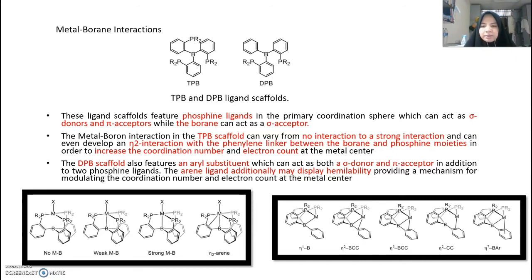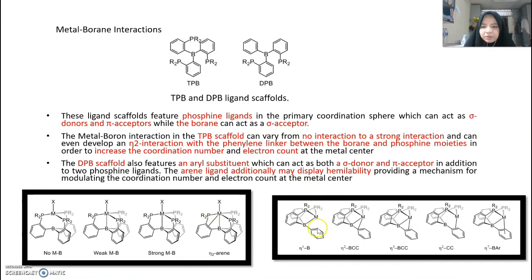The metal-boron interactions in the TPB can vary from no interaction to a strong interaction, and can develop the eta interaction with the phenylene linker between boron and phosphine in order to increase the coordination number and electron count at the metal center.